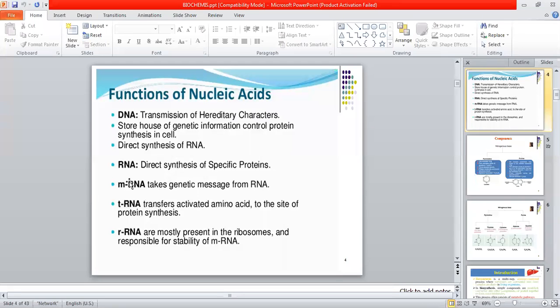The next one is transfer RNA. It transfers the activated amino acid to the site of protein synthesis. Transfer means it is used to transfer amino acids for the synthesis of protein. The next one is ribosomal RNA, which is found in the ribosome and is responsible for the stability of messenger RNA.